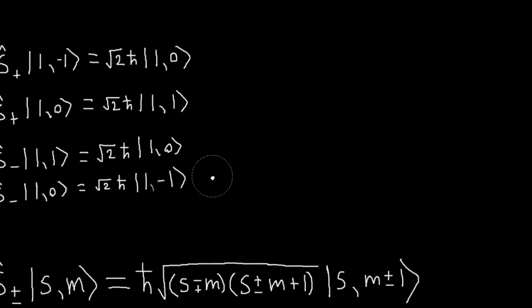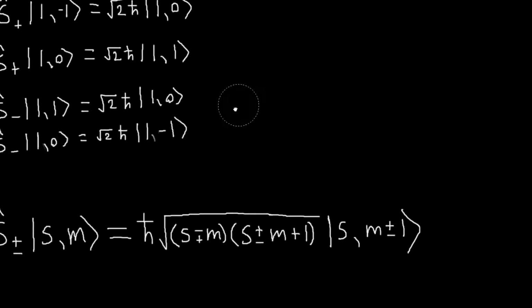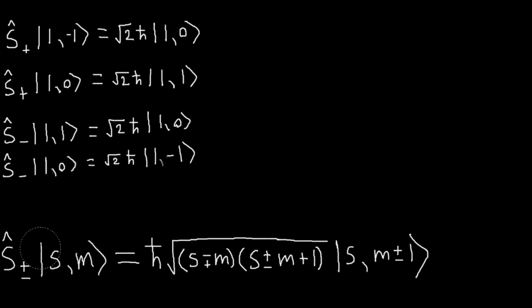And this generalizes to a system with spin s that will have these |s, m⟩ states. And when you act s plus and minus on it, you will get some kind of nasty looking coefficient out in front.